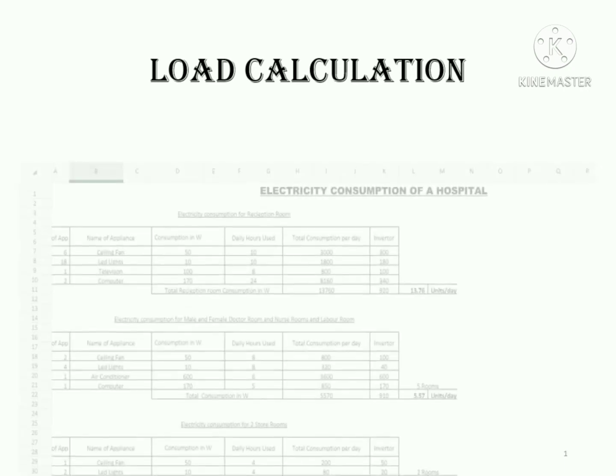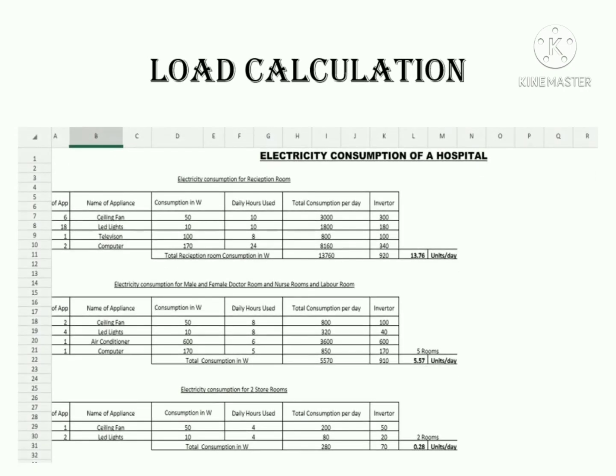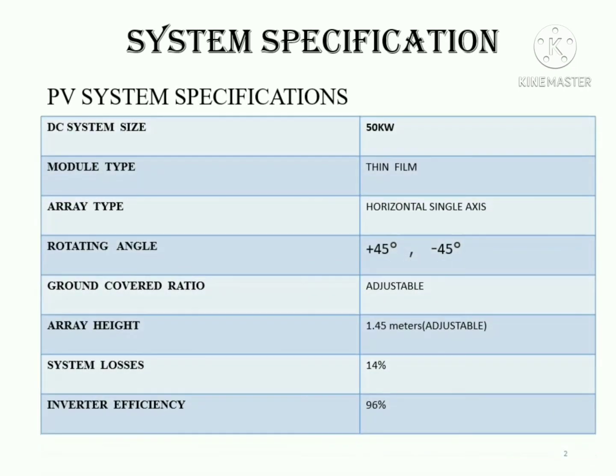It contains the amount of electricity used by the building on a daily basis. The detailed load calculation is mentioned in our project report. After that, we studied the system specification and cost calculation. We use a DC system of size 50 kW for our project. Other details are mentioned in the system specification chart.